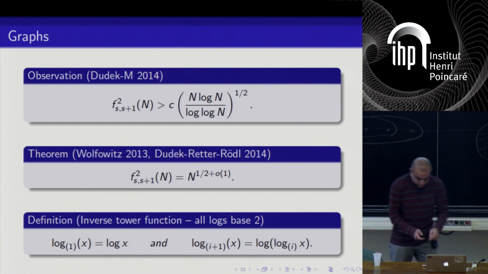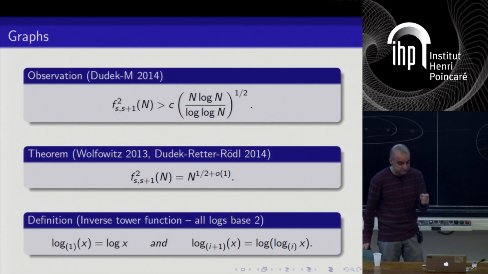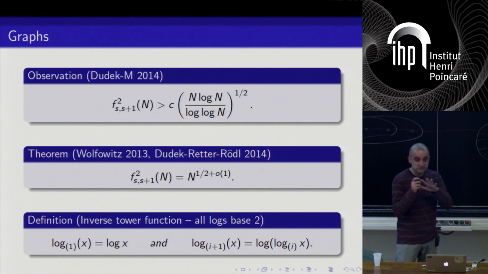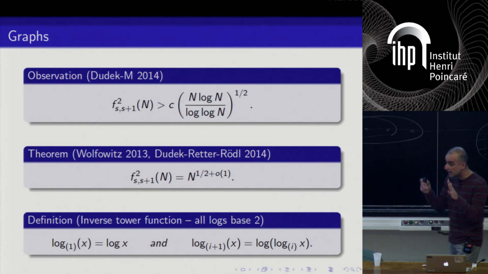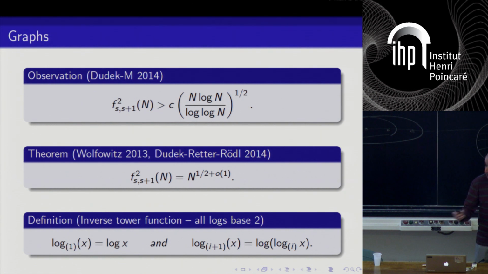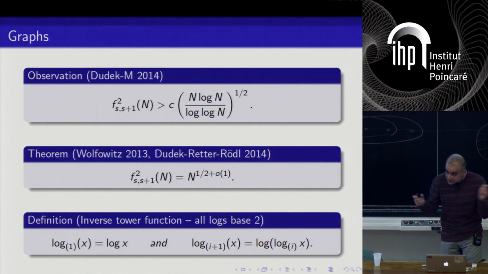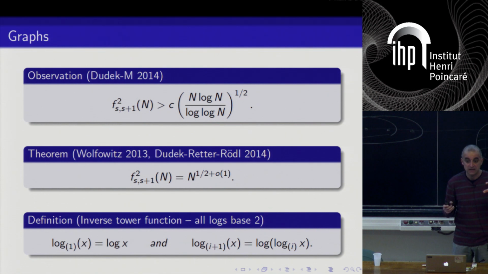So what did they do? What does this mean, this f_{2,s,s+1} is n to the half? It's a diabolical construction. It's a graph. It has capital N vertices. It has no K4, right? s is 3, so it has no K4. And yet, every set of size square root of N has a triangle. Okay? Every set of size square root of N has a triangle.